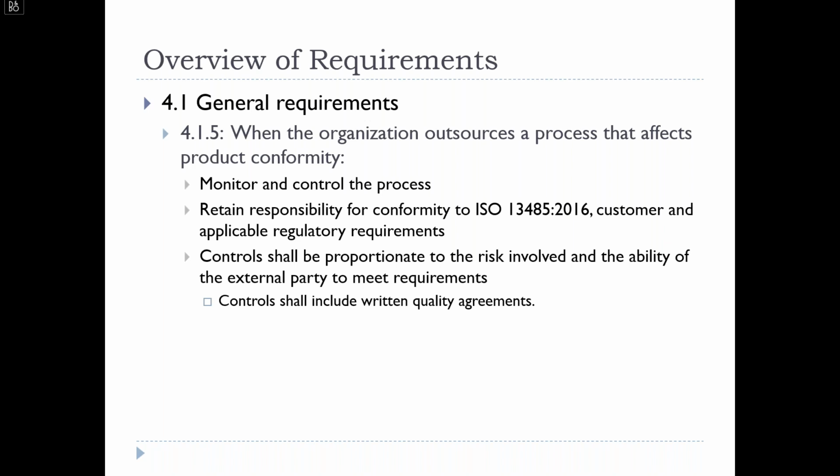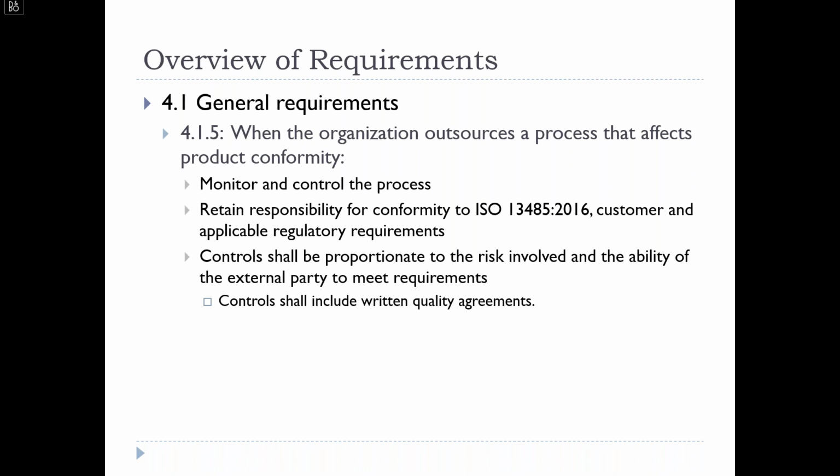So if the organization is 13485 certified and they have a long history of providing consistent product, on time, on quality product, there may be fewer controls versus an outsourced manufacturer or distributor or calibration service that may not be 13485 certified. Maybe they're 9001 certified or not certified at all.